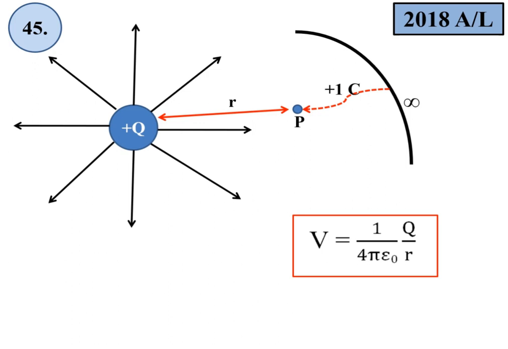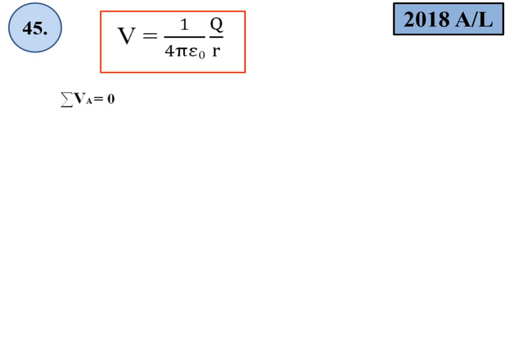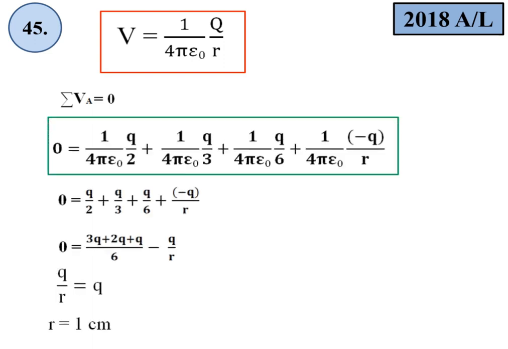That means, when the 3 positive Q charges and the negative Q charge are in a straight line from O, the electric potential at O should be 0. Listing all the potentials due to the 4 charges: the first term is due to the positive Q at 2 distance, the second at 3 distance, the third at 6 distance, and also the charge at R distance.